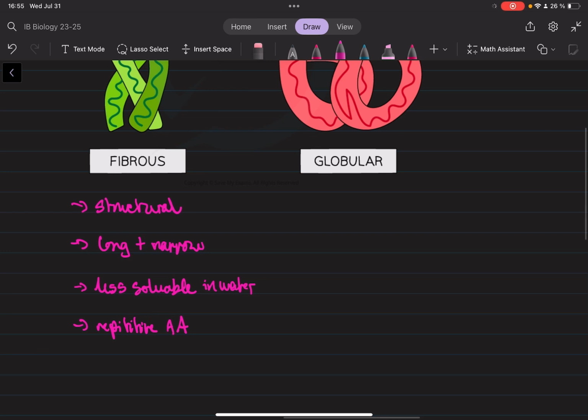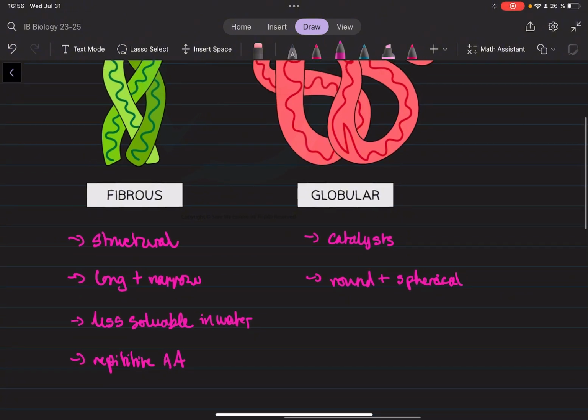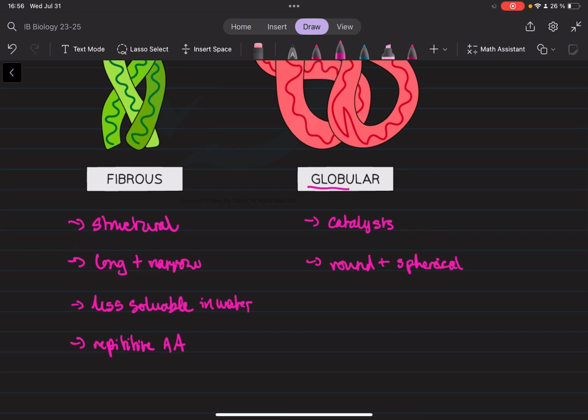In comparison, globular proteins are usually catalysts. They are round and spherical. And the way I like to remember which is which is because the word glob just sounds like it would be round and spherical.